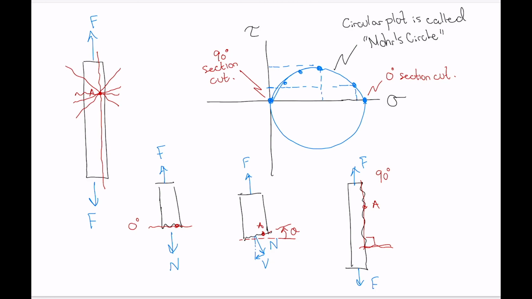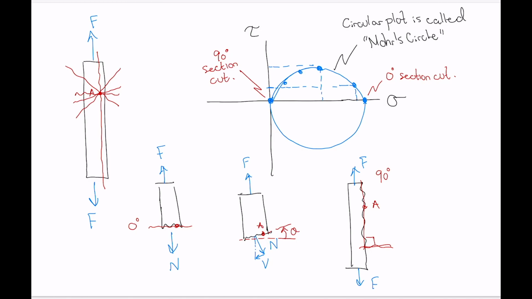So what I want to take you through is just, again, a teaching by example sort of type problem where I take you through the steps of how to plot Mohr's circle, and then we talk about what that means.